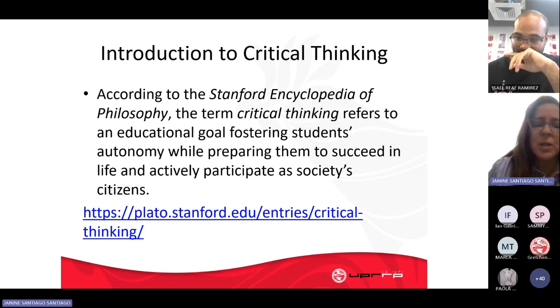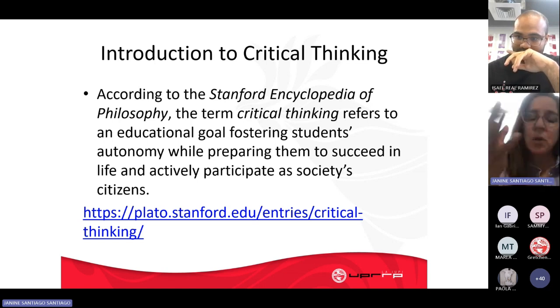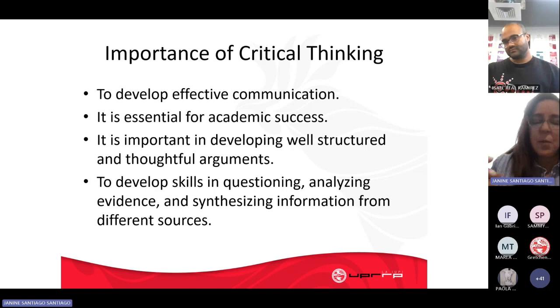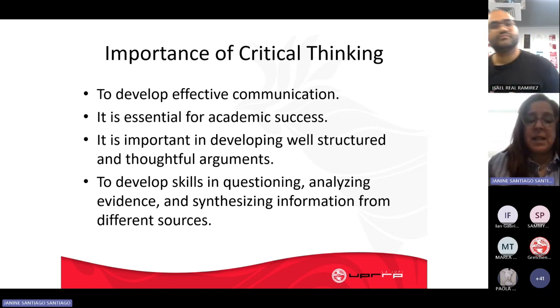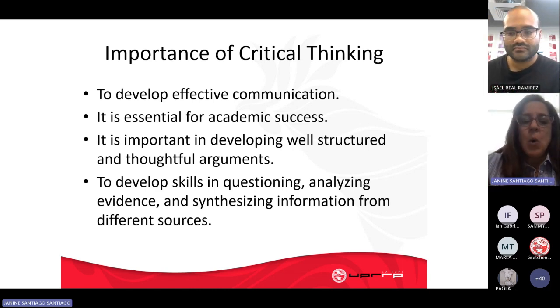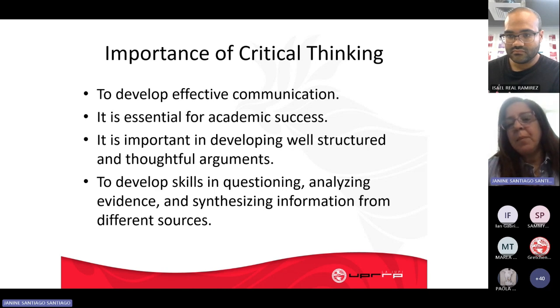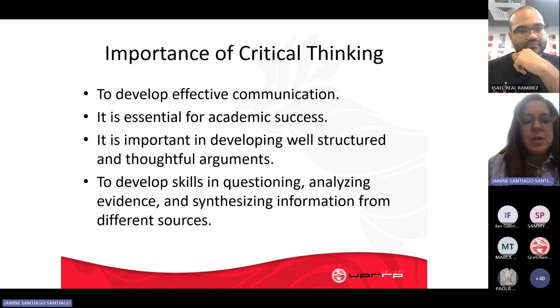Once we understand the term critical thinking, we need to understand the importance of critical thinking. And obviously, we know that we are in academia, yeah? In academia, it's important to develop effective communication. For example, in our classes, we're going to see that we are moving to a more academic language.